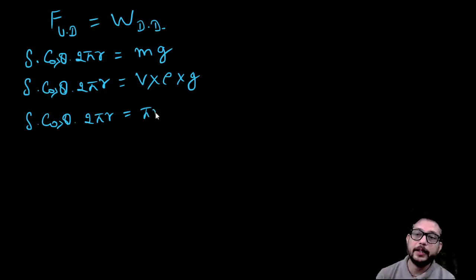The area is pi r squared, the area of the bore of the capillary tube, into height h, because up to height h the liquid rises, into rho into g. So when we solve it, then we get the following.